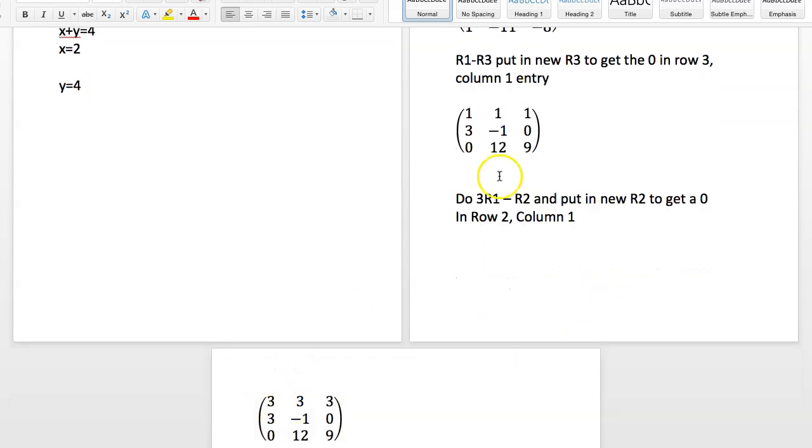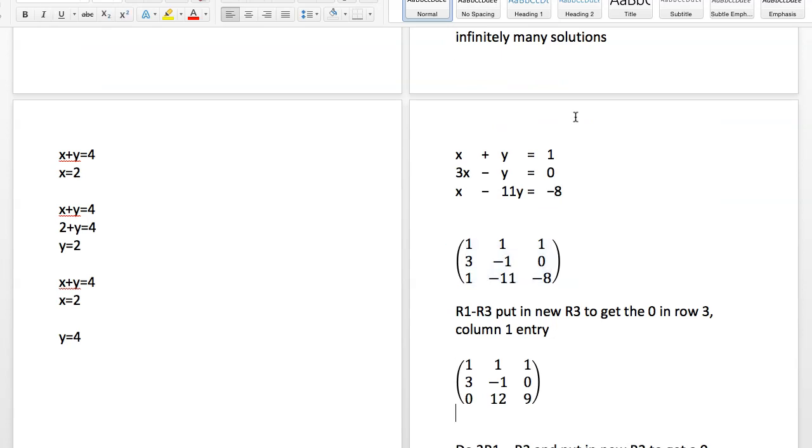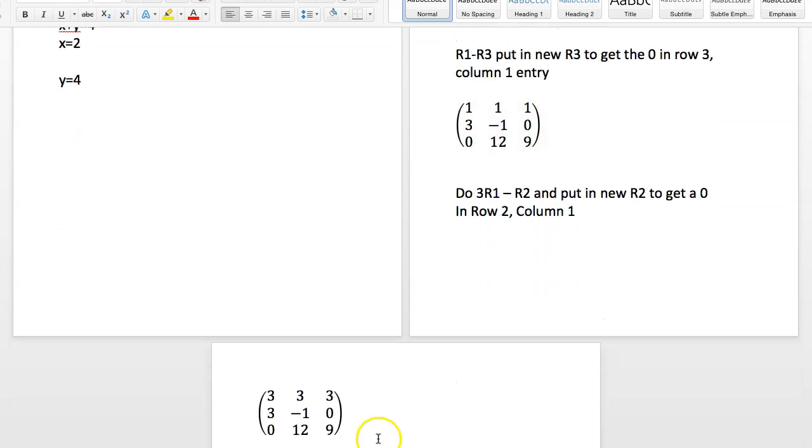So that's kind of convenient. I've got all 1s up here. Really? Yeah, I do. That's rare. Okay, so 1, 1, 1 is now triple, triple, triple. So now 3. Now I've already tripled everybody, so I can just straight up subtract. 3 minus 3 is 0. Now 3 minus neg 1 is 3 plus 1.